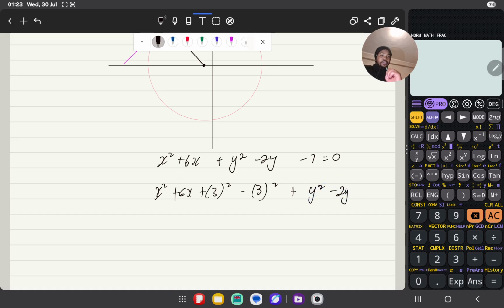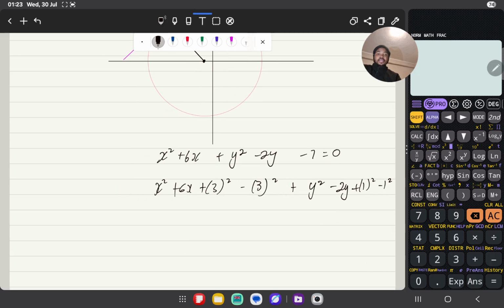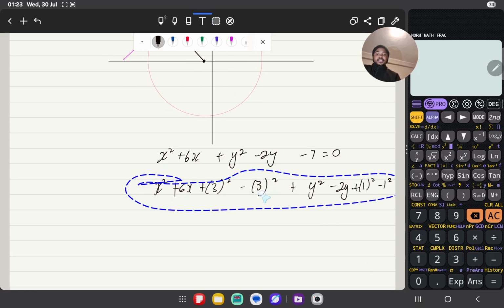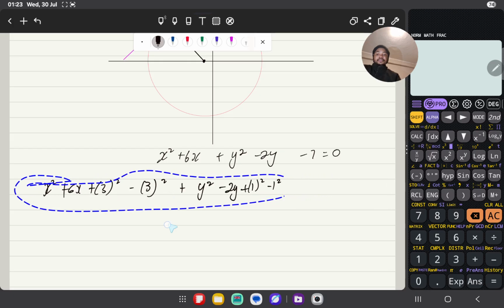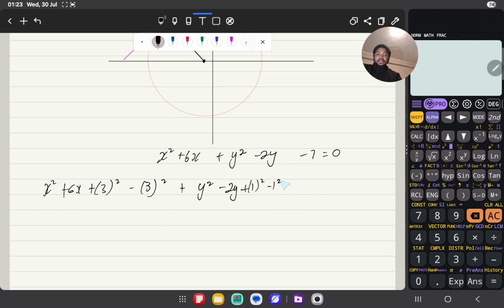I take 2 divided by 2, I get 1, so I write plus 1 squared minus 1 squared. Then we have the minus 7 equals 0.